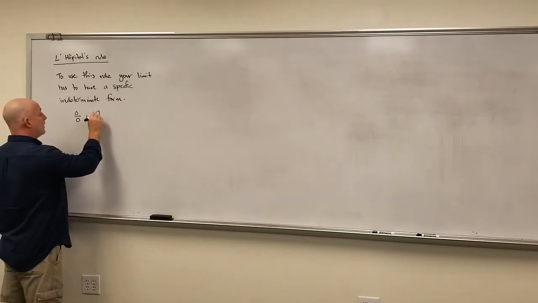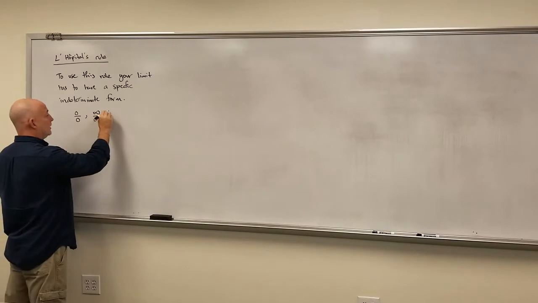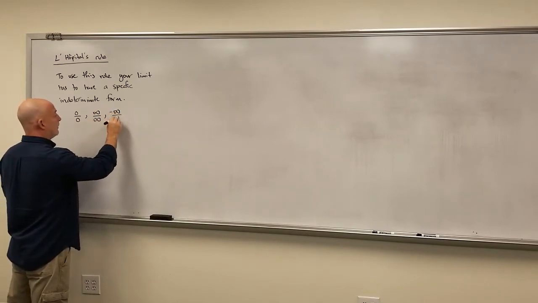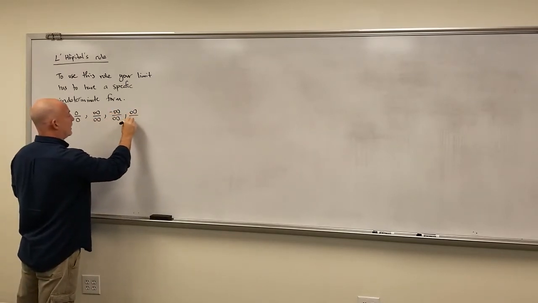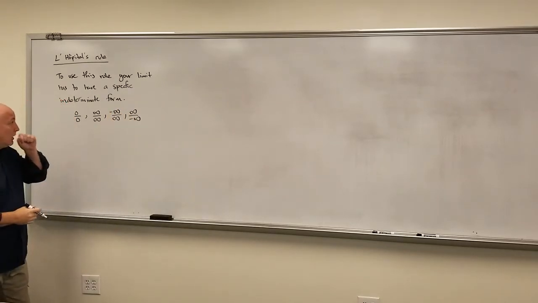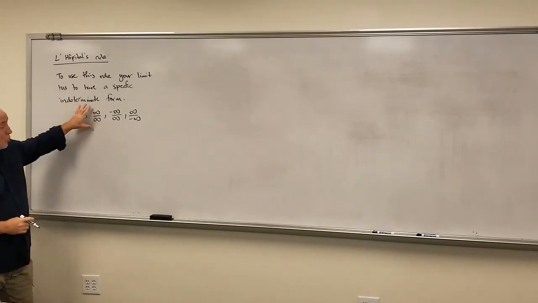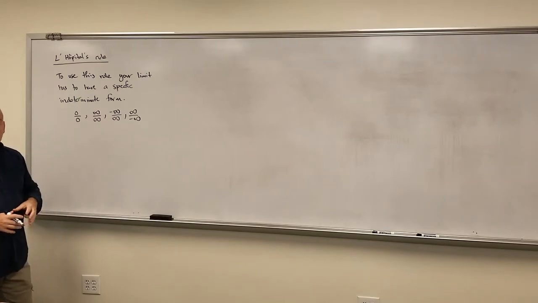Also, any ratio of an infinity over infinity, so infinity over infinity, negative infinity over a positive infinity, or any way around it, is also an indeterminate form that L'Hopital's rule will work on. So if you have 0 over 0 or an infinity over an infinity, you're thinking, hey, I'm doing a limit, I want to do L'Hopital's rule.